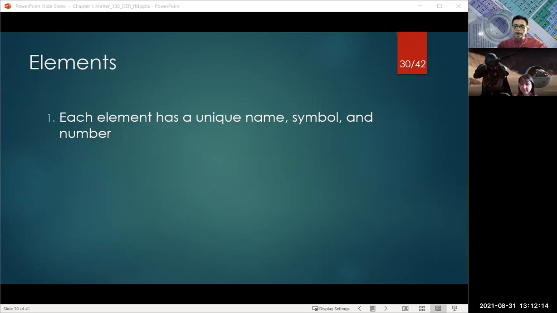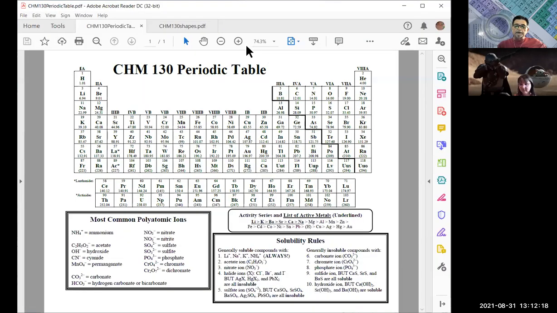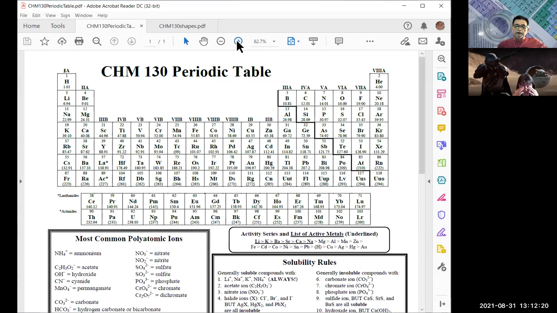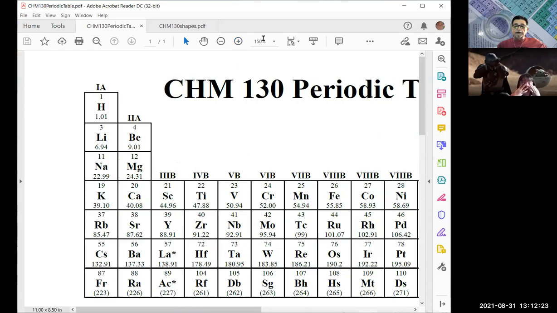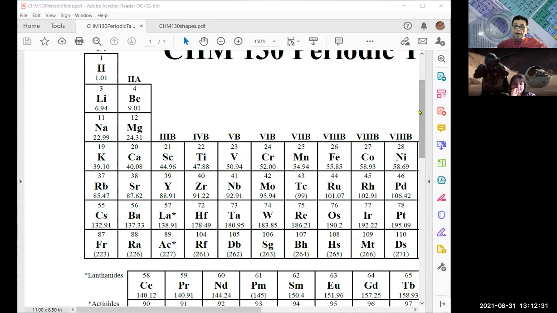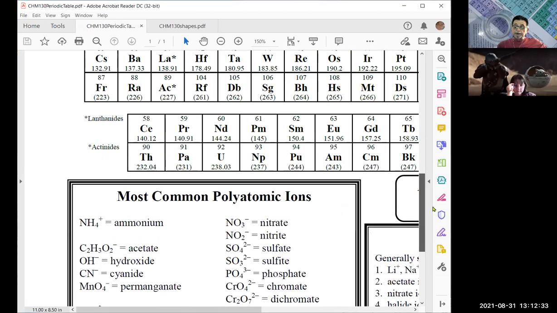So very quickly, let me go to the periodic table that we utilize. And you can see here that each one here, there's 118 of them. Now, the ones down at the bottom, let me show you, because this one hasn't been totally updated.